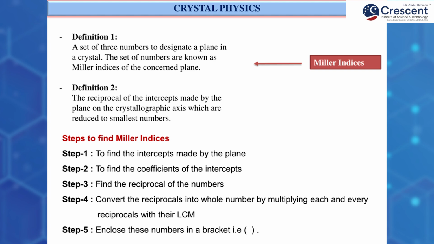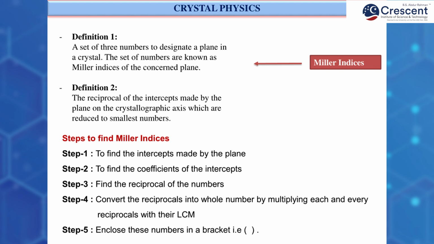So how can you find the Miller indices? There are various steps. Step 1, find the intercepts made by the plane. Step 2, find the coefficients of the intercepts. Step 3, find the reciprocal of the coefficients, that is the numbers.